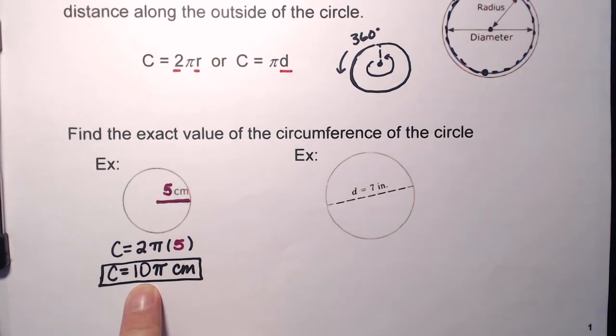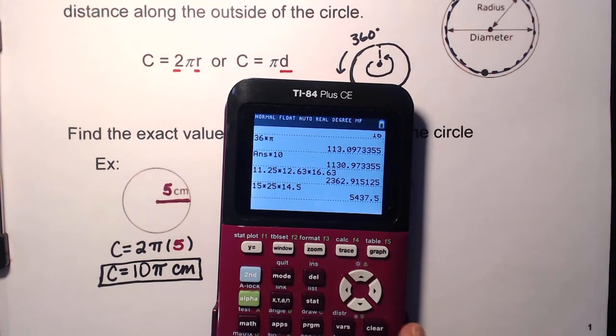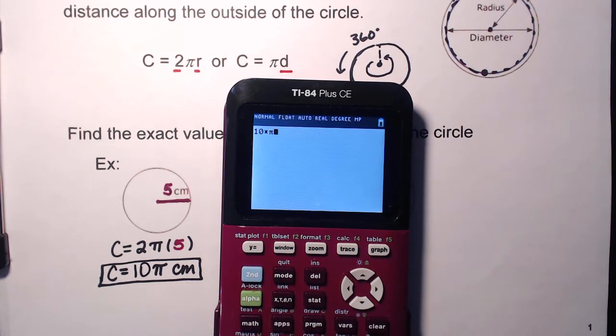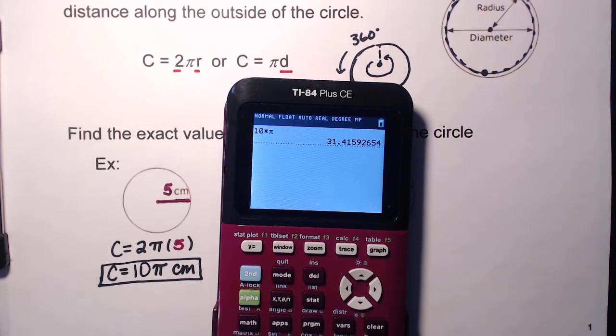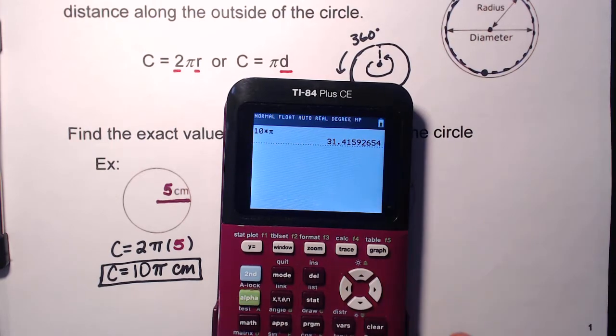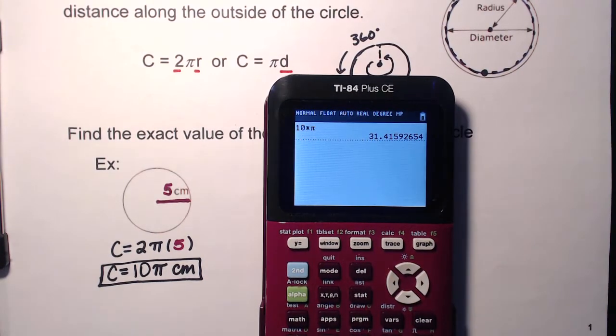But this is our exact form. And if we get an approximation to what that is, so if I do 10 times pi, that answer is rounded. The calculator cuts it off, and I also want that answer.